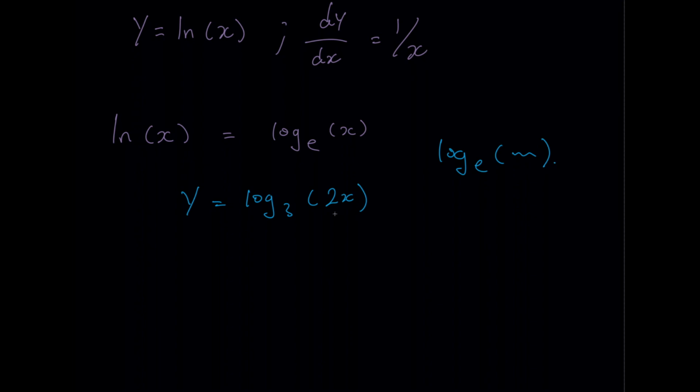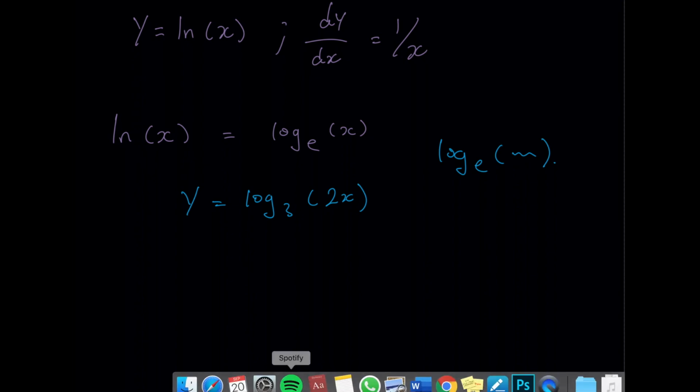But we can try to change things so that it fits ln of x and fits this easy relationship. We will do that by the change of base rule, which is also given in your formula booklet.